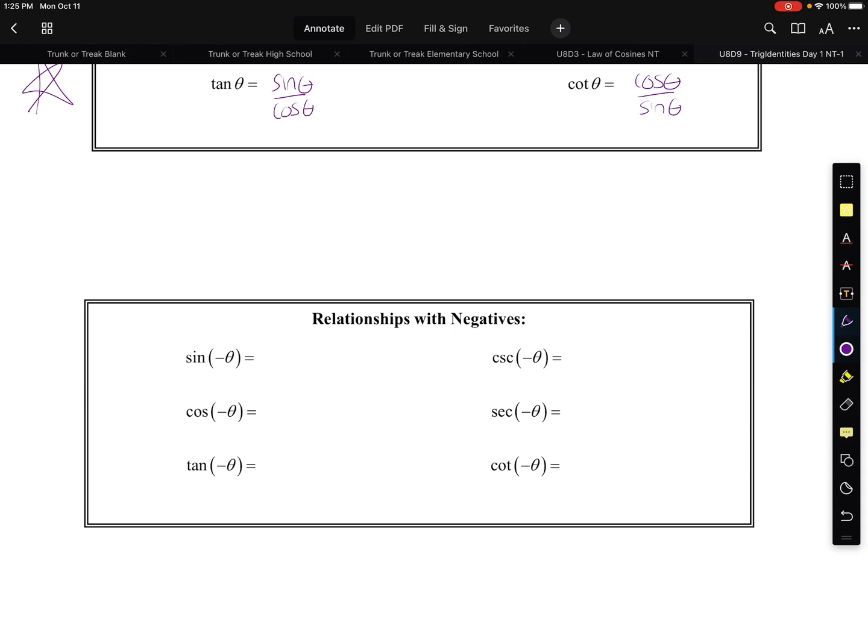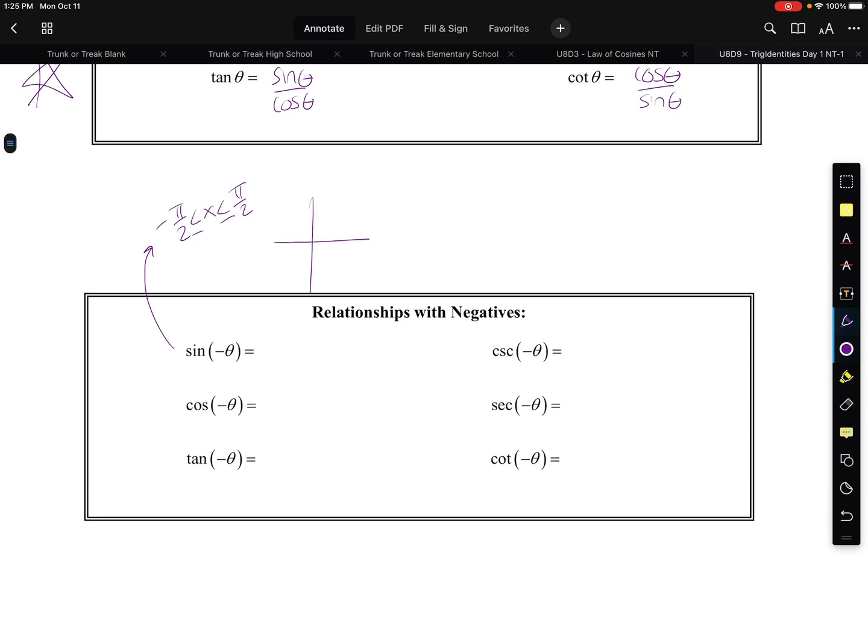But the idea is that with sine, if we had a capital Sine, it's between negative 90 and 90. So if we were to think about a negative angle for sine, based on ASTC, the reference angle idea, it would be a negative sine.